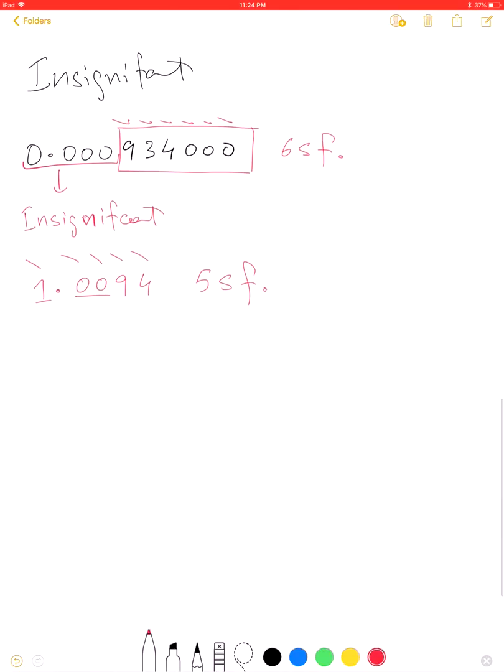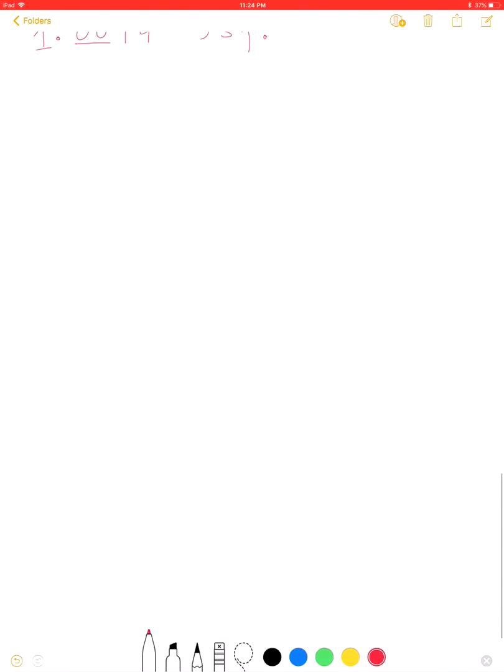So now let's just do an example. Let's say I give you a number such as 578492. This is just a random number. Currently it is correct to 6 significant figures. Now let's say I ask you to round it off to 5 significant figures. So basically, if you want to round it off to 5 significant figures, the first 4 numbers will stay the same.